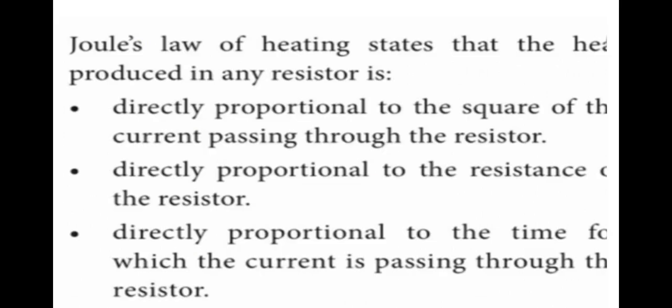So Joule's law of heating states that heat produced in any resistor is, first, directly proportional to the square of the current passing through the resistor, when the resistance and time are constant. Next, heat is directly proportional to the resistance of the resistor, where I and T are constant, I is current, T is time interval.